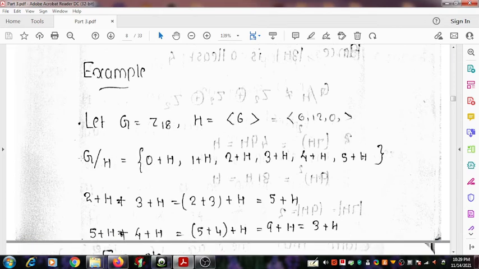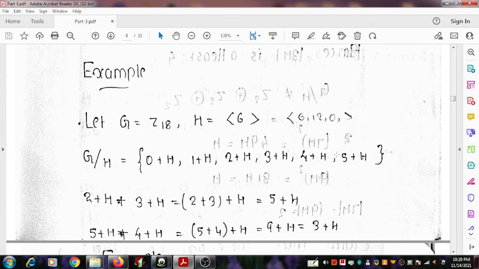So let's think about G bar H. That quotient group, G bar H, is equal to 0 plus H, where H is the cyclic group, and then we can write 0 plus H, 1 plus H, 2 plus H, 3 plus H, 4 plus H, and 5 plus H. What about 6 plus H? 6 plus H is not different from 0 plus H. So any term written after this point will be one of the elements we have already included in this set.